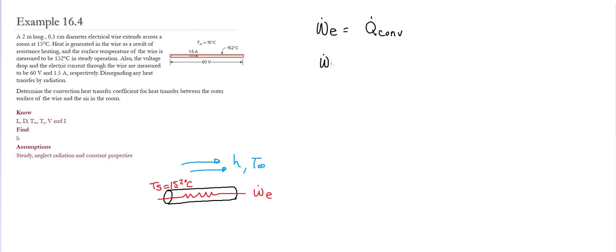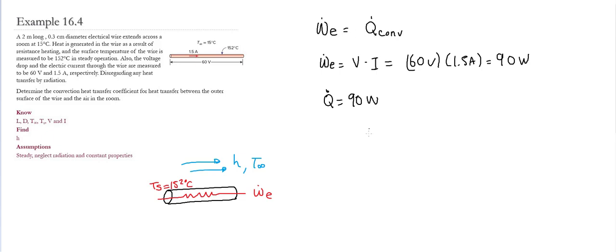So the electrical power is simply going to be the voltage times the current that we have across the resistance. So in that case, we have 60 volts and 1.5 amps. That gives us 90 watts. The heat transfer rate due to convection is also going to be equal to 90 watts, since by balance of energy we make these two equal to each other.